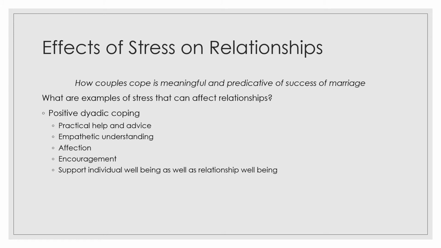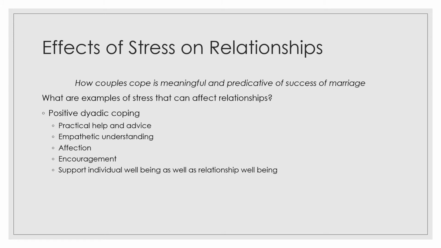Empathetic understanding. While we may not agree with what our partner believes or how they've acted in a situation, it's really about creating a level of empathetic understanding so that, while we don't agree with it, we can at least understand where they're coming from, hear them out, and gain a level of understanding rather than judgment.